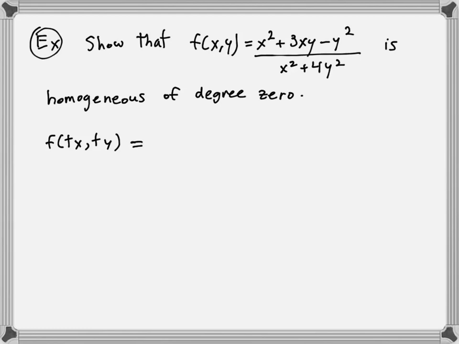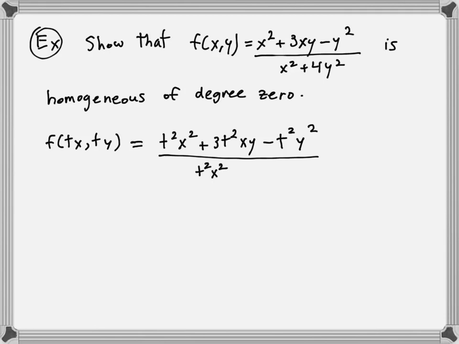Well, if you replace all the x's with tx and all the y's with ty's, you end up with the following. t squared x squared plus 3t squared xy minus t squared y squared, divided by t squared x squared plus 4t squared y squared. But you'll notice that we have a t squared we can pull out of the top and out of the bottom and cancel those out. Remember, t is a positive number. It's not 0 here, so we're allowed to do that.